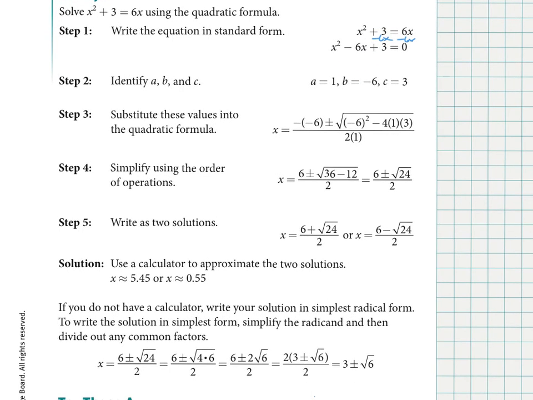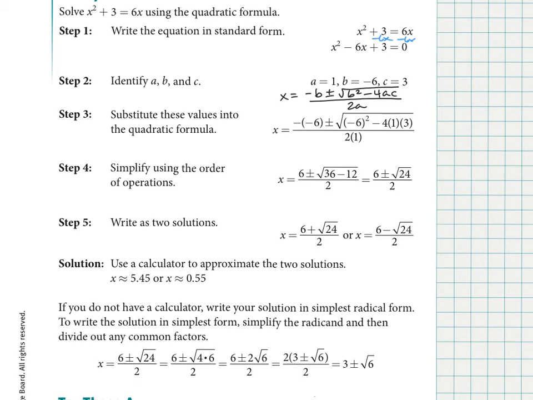Then after that, we substitute a, b, and c into our quadratic formula. So I'm actually going to write down the quadratic formula in the space below here so we can just remind ourselves of it. It's going to be x equals the opposite of b, or -b, plus or minus the square root of b squared minus 4 times a times c, all over 2a.